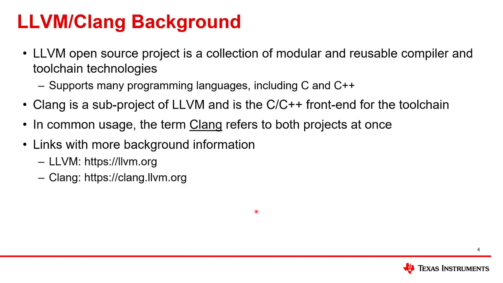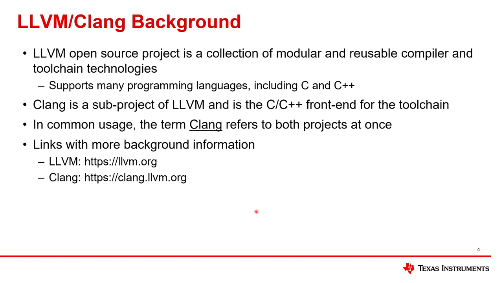So here's the background on the open source LLVM/Clang project. LLVM is an open source project, and it's really just building blocks of a compiler, okay? It supports many programming languages, including C and C++, but many others as well. Clang is another open source project that's a sub-project of LLVM, and it's the C/C++ front end for the toolchain.